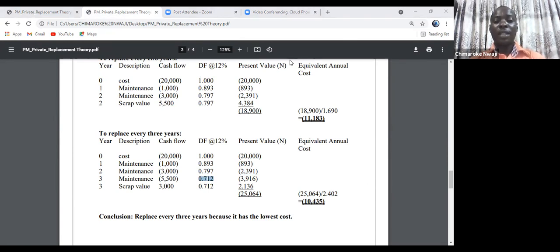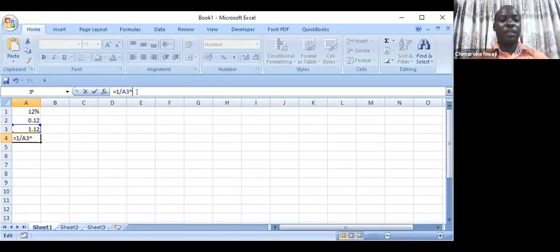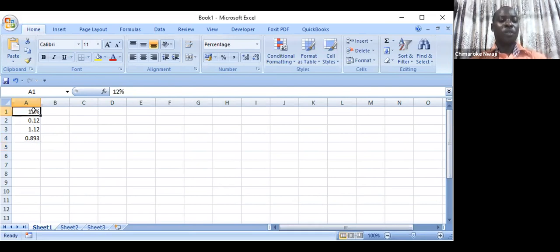Somebody is still asking, how did we get this 1.690? It's not 1,690, it's 1.690. How we got it is this. Okay, let me get to my Excel and show you how we got it. All right. Now, this is the discount factor for year 1, 0.893. Okay, so let me do the same thing for year 2 and year 3.